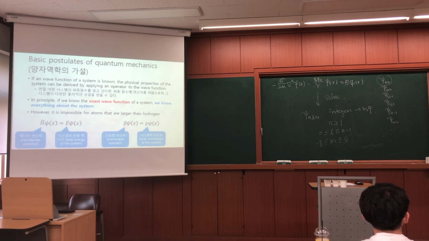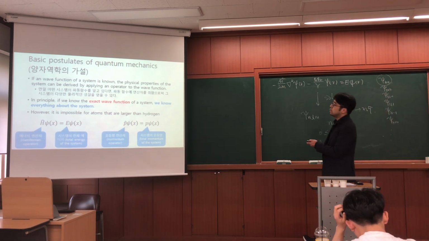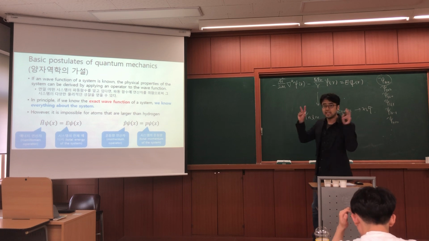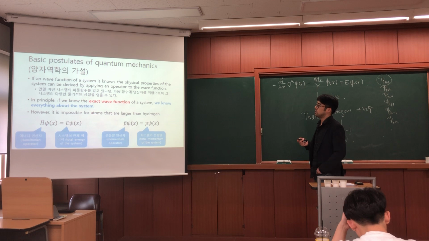In principle, we can calculate the HOMO-LUMO gap, or ionization energy, or all kinds of things. We can just predict by calculating, without doing any experiment. The bottom line is that if we know the true wave function, then we know everything about the system.